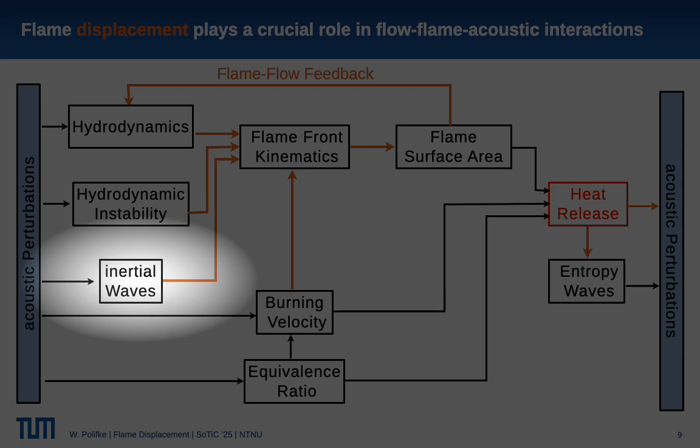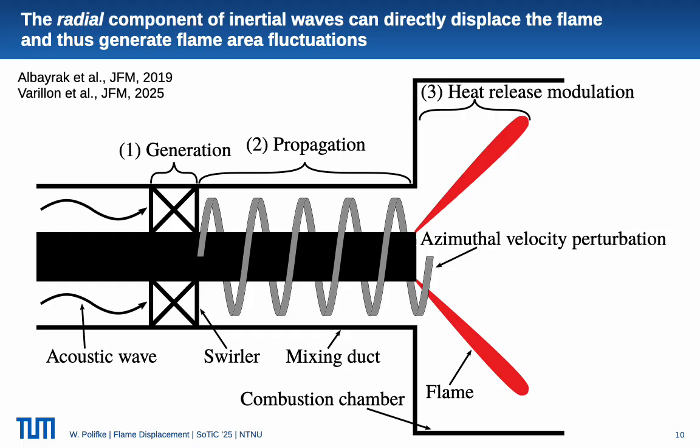Next, I want to discuss fairly briefly inertial waves, formerly known as swirl waves. And the mechanism is described in this sketch, which I've taken from the paper from Grégoire Varillon.